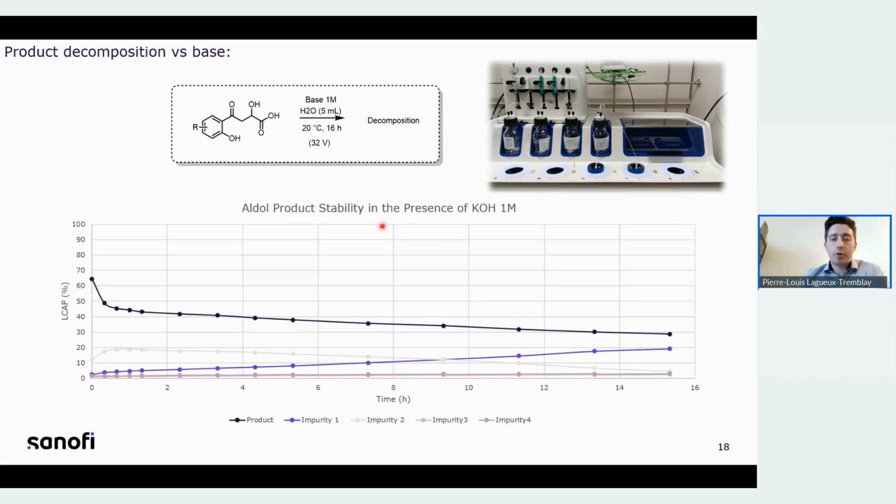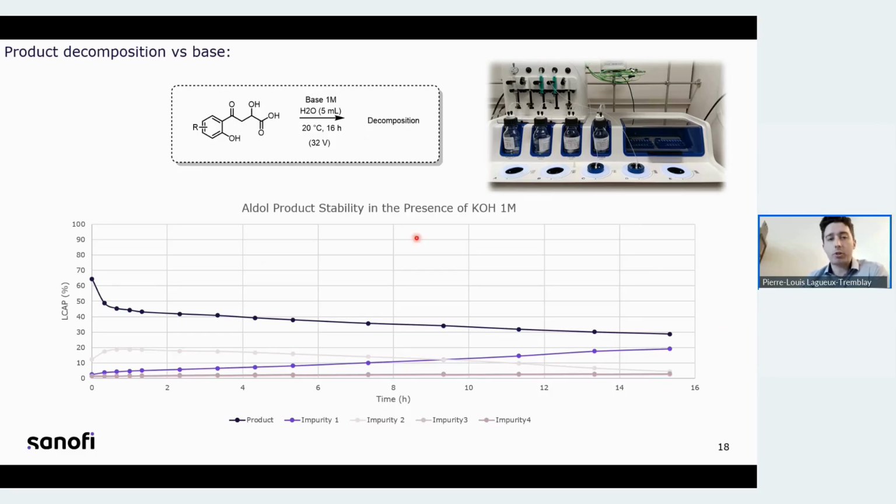But then we were curious to know the rate of decomposition of this product using different bases, to really know how we can limit the amount of impurities that are generated in this transformation. As we can see, we can use the ReactALL again and deliberately follow the decomposition profile across the reaction time.